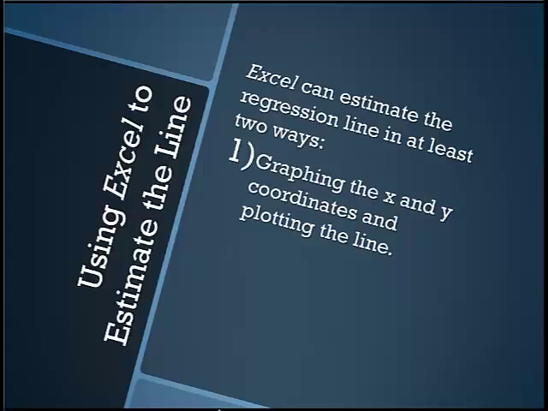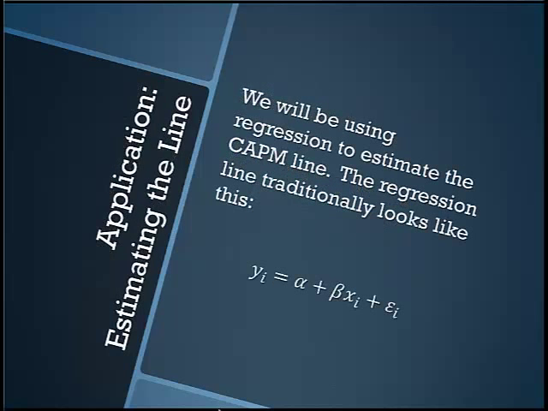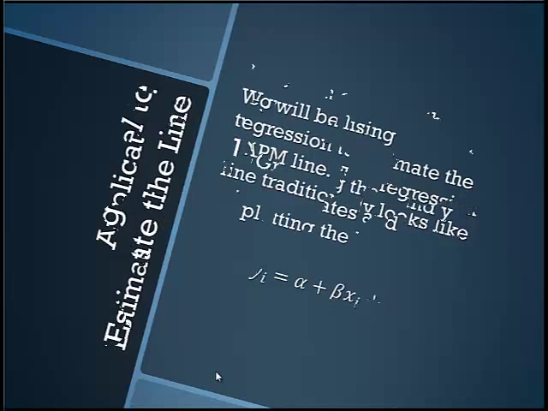So we're going to plot the x and the y, and then figure out what the best m and b are for that line. It's really the same thing as this: we're going to find the best beta and the best alpha for this line, which is the same as finding the best m and b in a y equals mx plus b line.